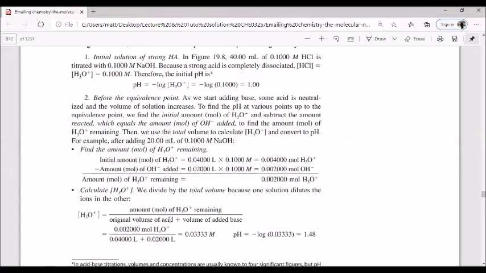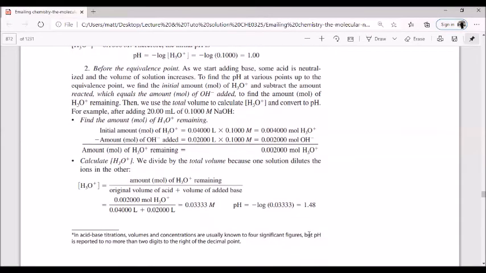Originally the volume of acid is 0.04 liter, 40 ml, and the volume of added base is 20 ml, so 0.02 liter. So divide the mole of hydronium ion by the total volume of the solution. Now you get 0.0333 molar. So that is the concentration of hydronium ion. To get the pH, just take the negative log of that, and you get 1.48.